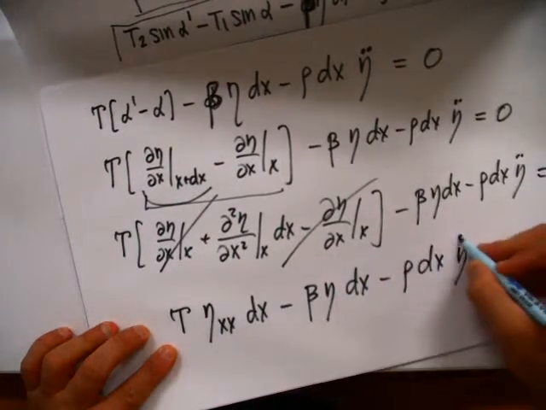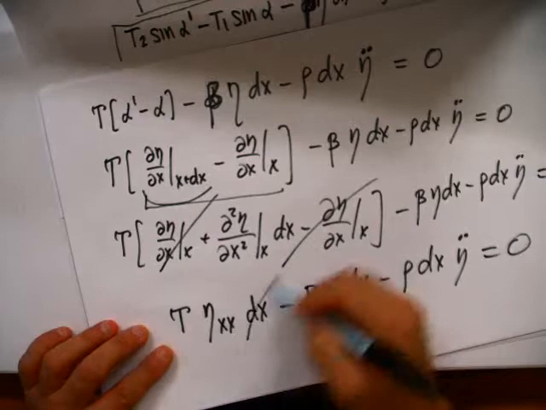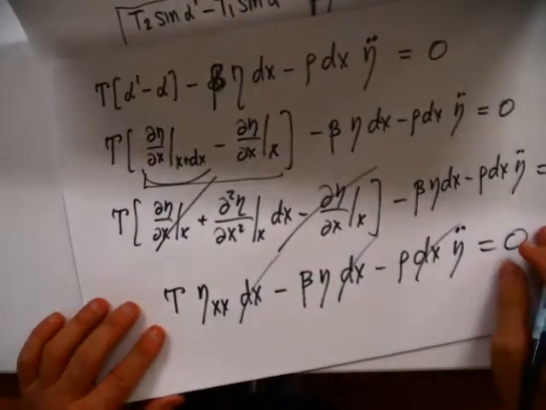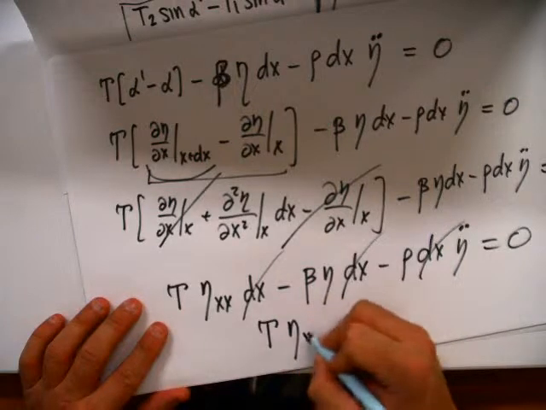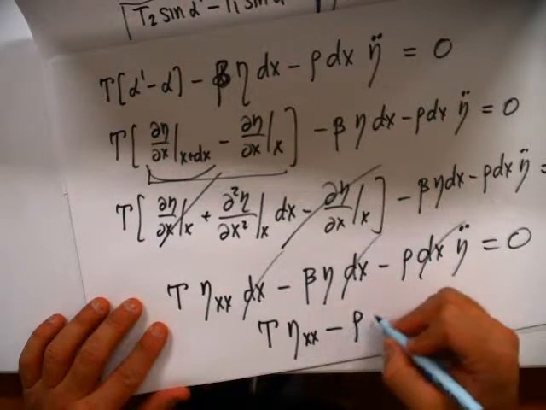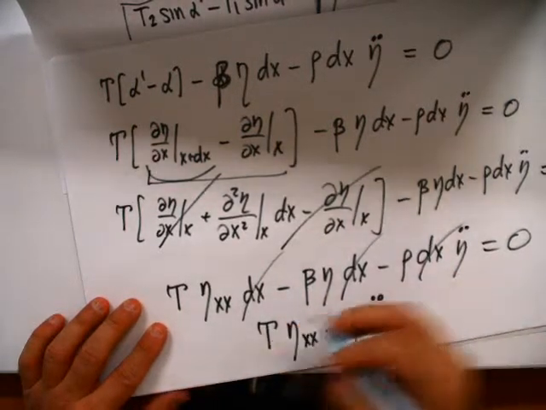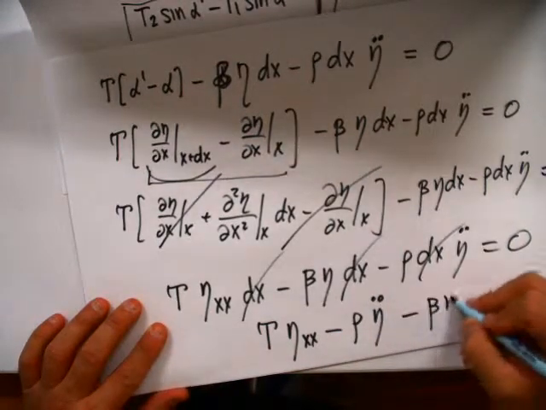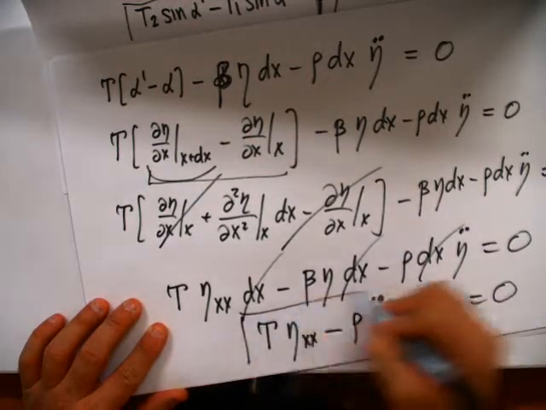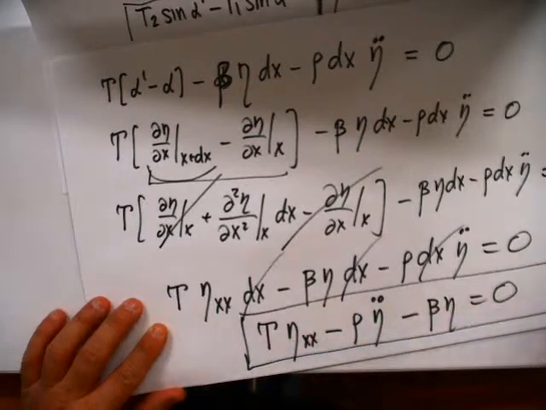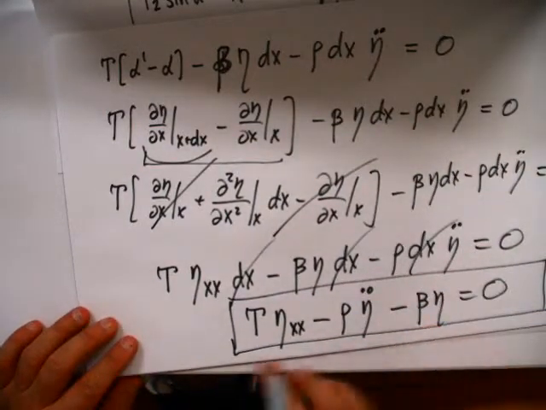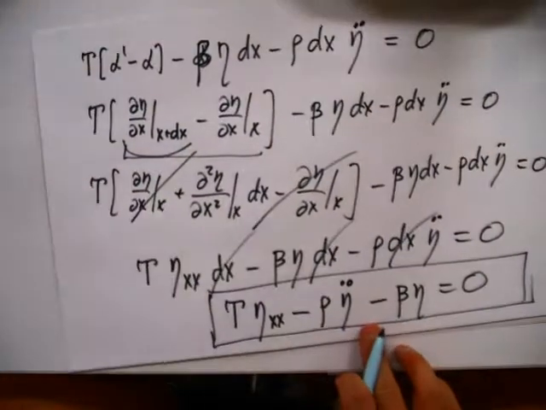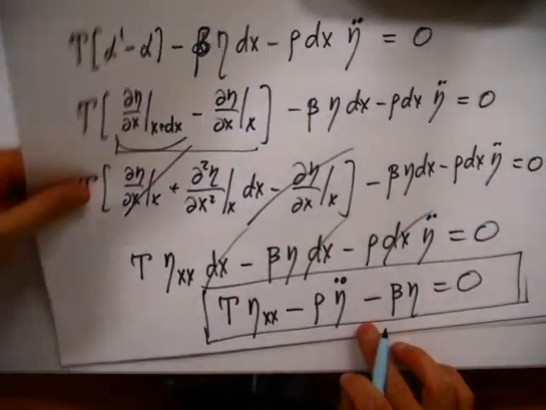The dx simplify, so to leading order the equation is given by T eta xx minus rho eta dot dot minus beta eta equal to 0. So we basically get the elastic wave equation. For beta equals 0, we would have simply the wave equation, and this is very well known, nothing new.